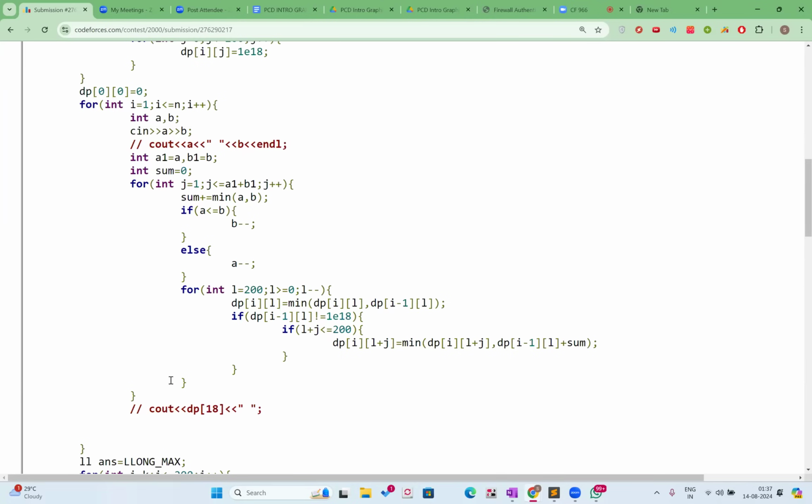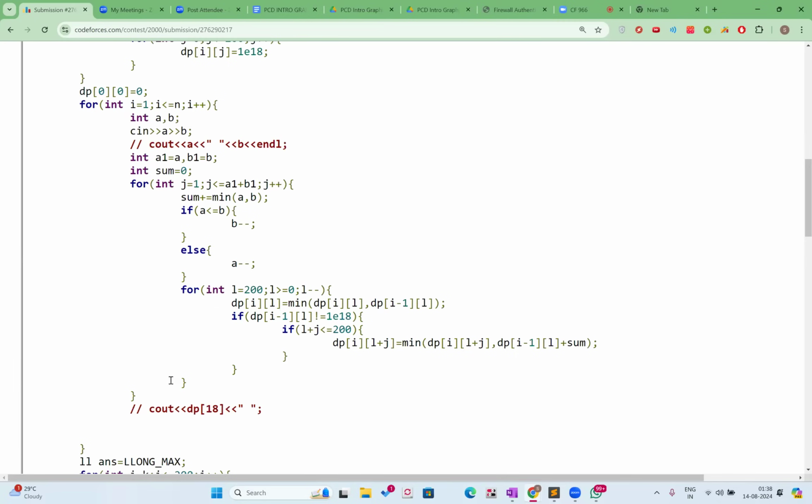So I thought of the DP state. What could have been the DP state? Suppose I have a particular score which I have to reach. What is the minimum cost I can reach that score with? I thought of that DP state, and this is how knapsack came, with a particular batch size and max score. So basically, I have a cost to add a score.